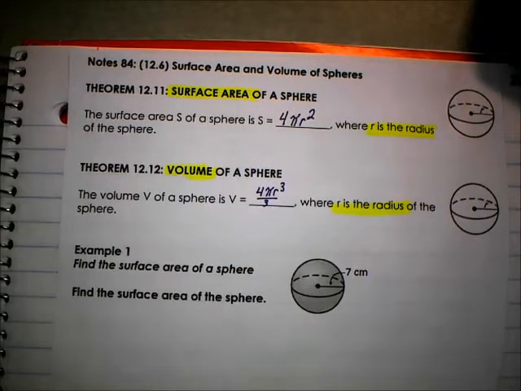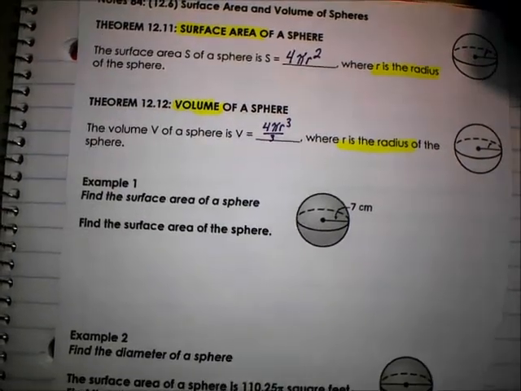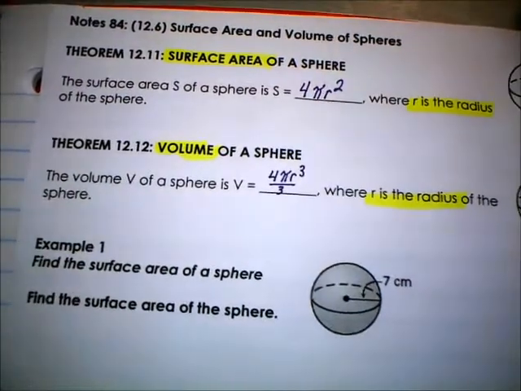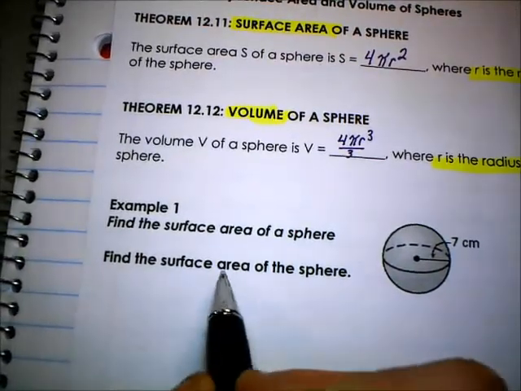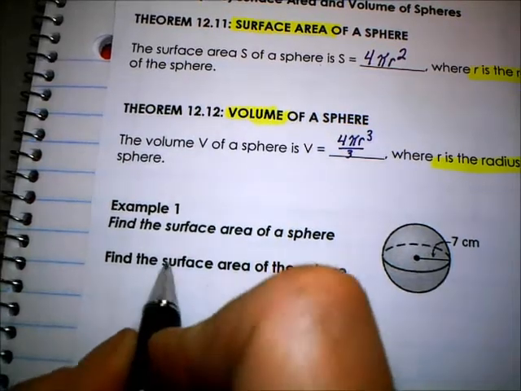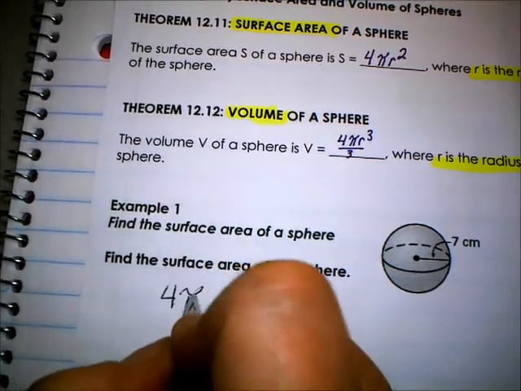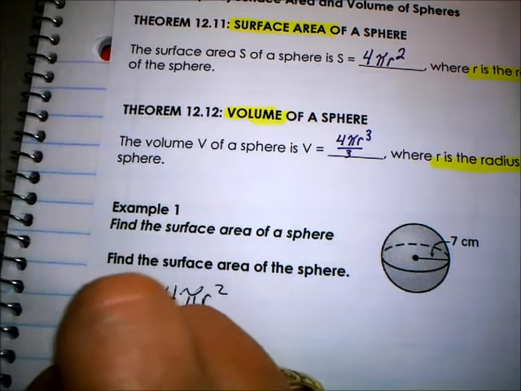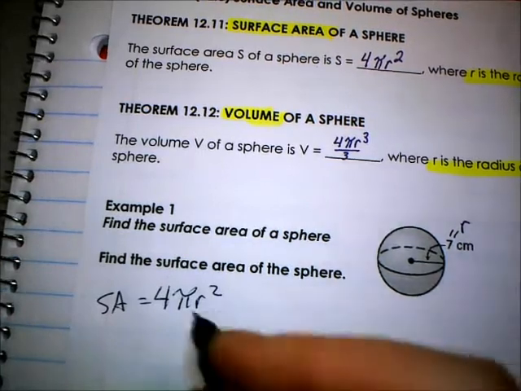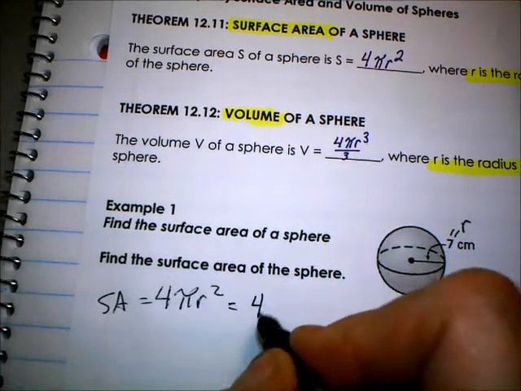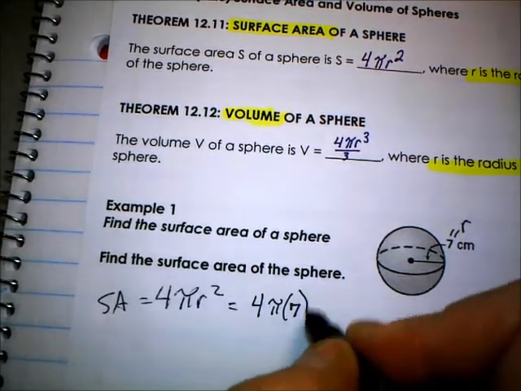So when I go to example 1, let me zoom in. Okay, if I'm looking at it, it wants to find the surface area, so that means I'm using the formula 4 pi r squared for my surface area. And the r is a 7, so that means I'm going to do 4 times pi times 7 squared.